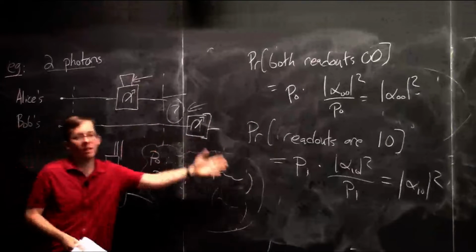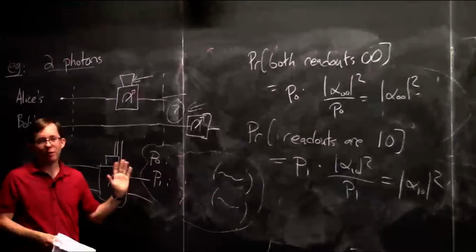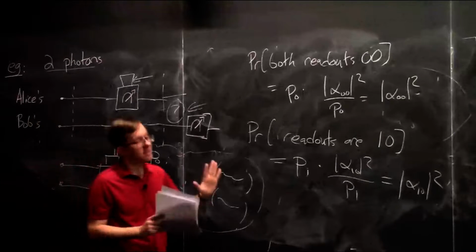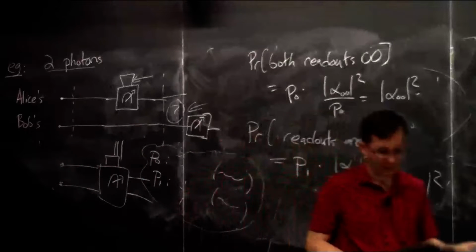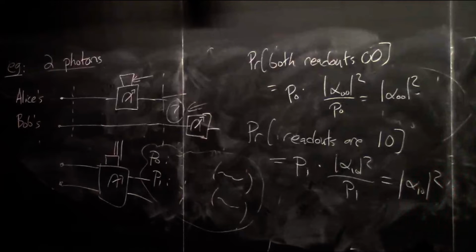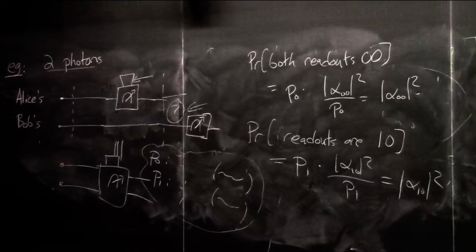If you keep track of Bob's state in this way, then it doesn't matter if and when Alice measures her qubit. This is a subtle point, which I wanted to say at this point, but I'll leave it at that. Any questions, though? It's a good time for a question.